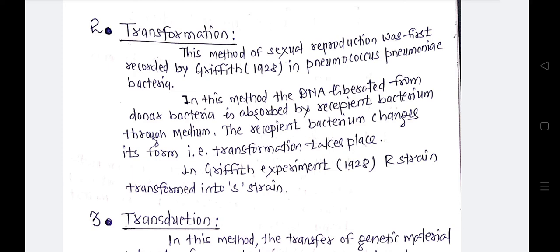The DNA gets liberated from the donor bacteria and it is absorbed by the recipient bacteria, and therefore changes in the structural form take place. That's why it is called transformation. In the Griffith experiment, the R strain converted into the S strain, which you have studied in the 12th standard.